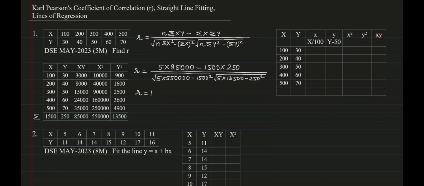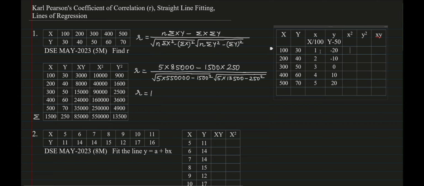So let's calculate x by 100. 100 by 100 is 1, 200 by 100 is 2, 300 by 100 is 3, 400 by 100 is 4, 500 by 100 is 5. 30 minus 50 is minus 20, 40 minus 50 is minus 10, 50 minus 50 is 0, 60 minus 50 is 10, 70 minus 50 is 20.